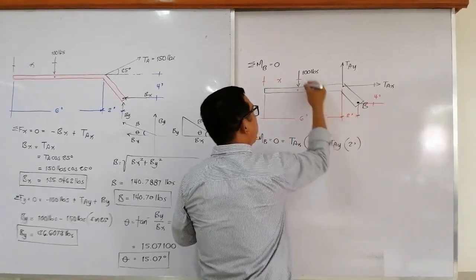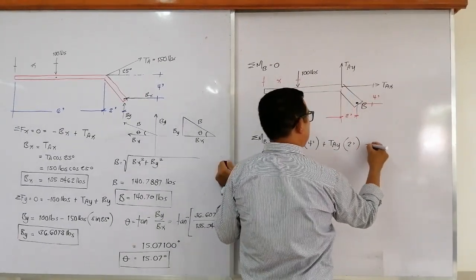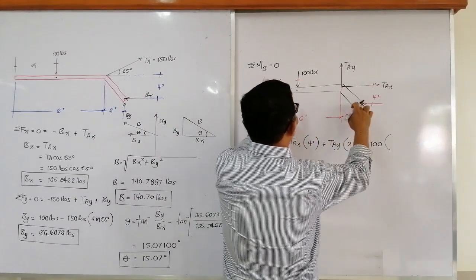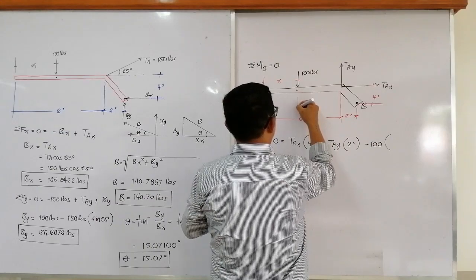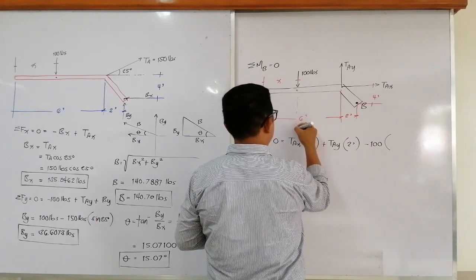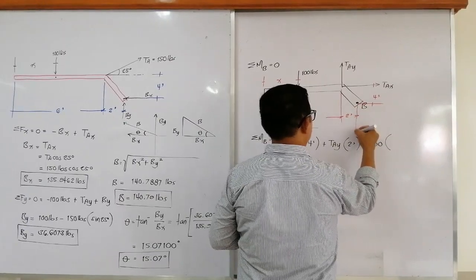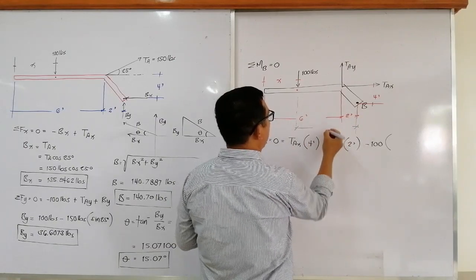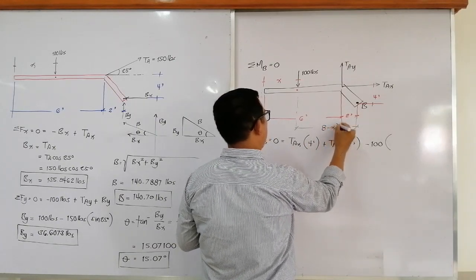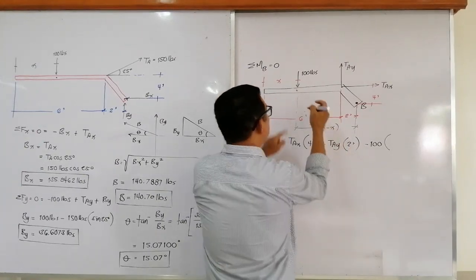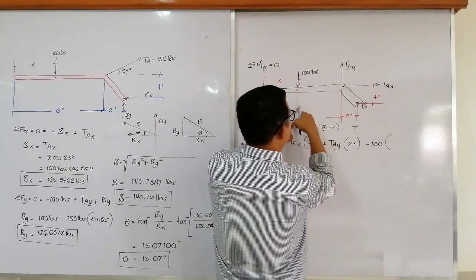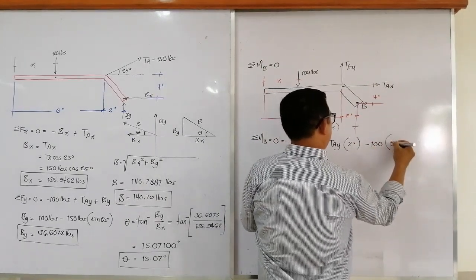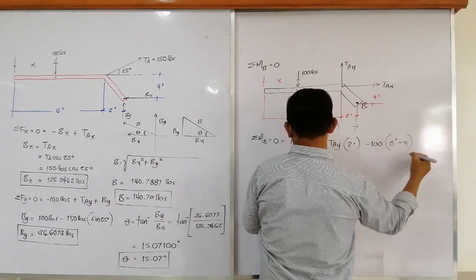And lastly, with respect to this pivot, the 100-pound force generates a counterclockwise moment, so negative 100 multiplied by how far that point is from this point. That would be 6 plus 2 is 8, so 8 minus x. So how far is the 100-pound force, perpendicularly speaking, from B? That would be 8 feet minus x.